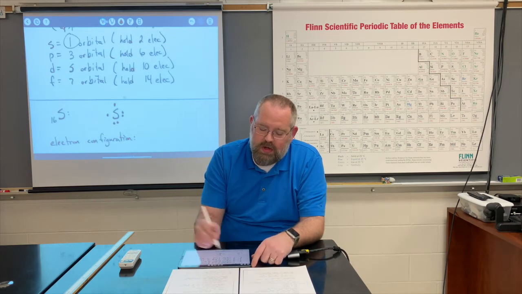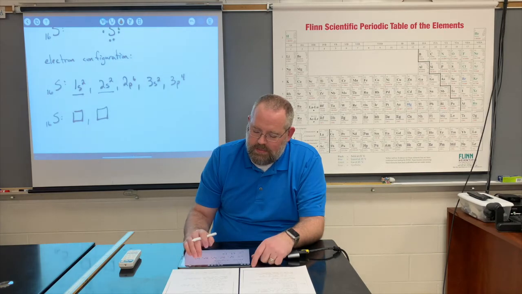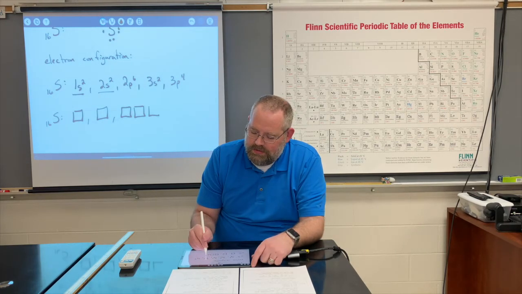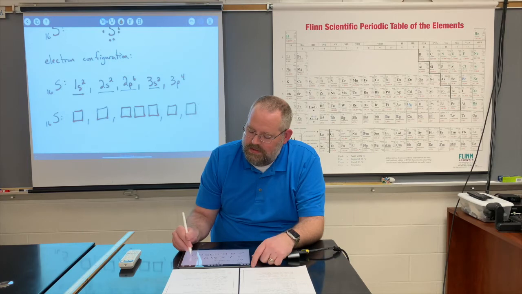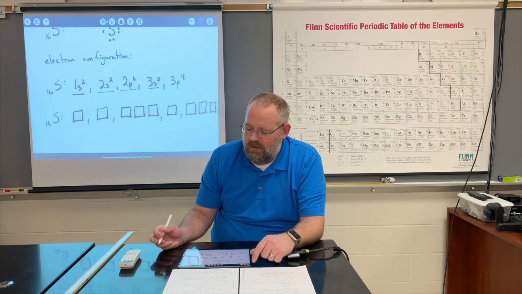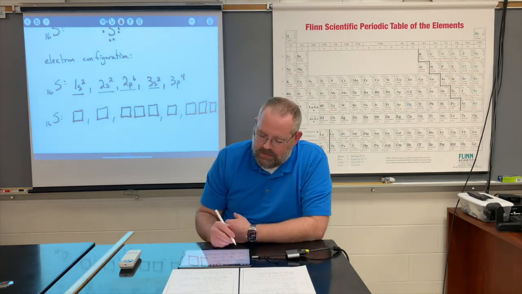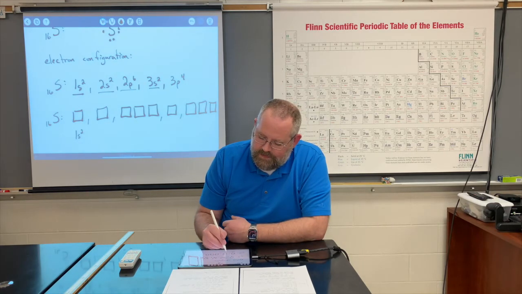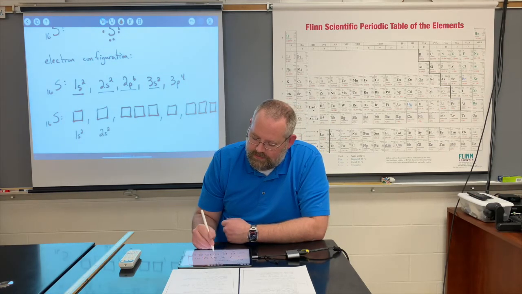The P block has 3 orbitals. Okay, so we can go back through and fill in our electron configuration underneath the correct orbitals.